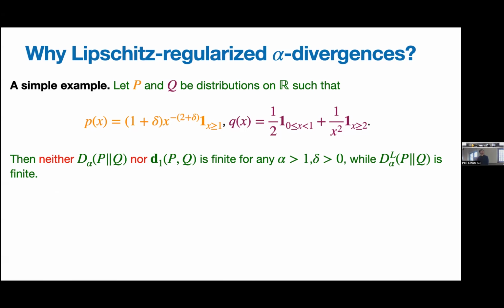So the alpha divergence between P and Q is infinite because P is not absolutely continuous with Q. And the Wasserstein 1 distance between them is also infinite because Q does not have a finite first moment. But it turns out this Lipschitz regularized alpha divergence is always finite between P and Q.